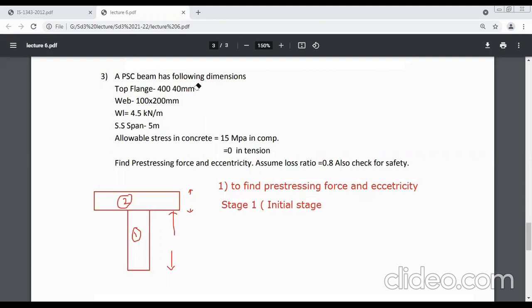For stage 1, we are considering only the self weight of the beam.